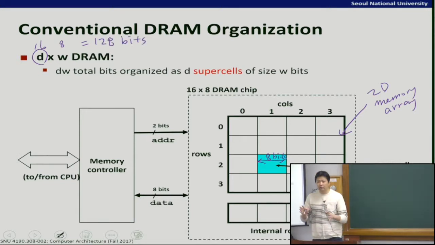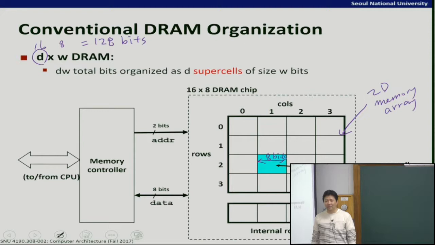Of course, in a real DRAM, this size is much bigger. We have a lot more supercells, so that we have 8 gigabits. An 8 gigabit DRAM is kind of common today. The supercells are organized in a two-dimensional way, in rows and columns. These 16 supercells are 4 rows times 4 columns.